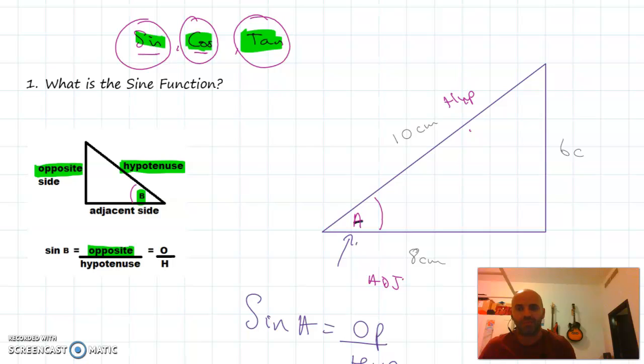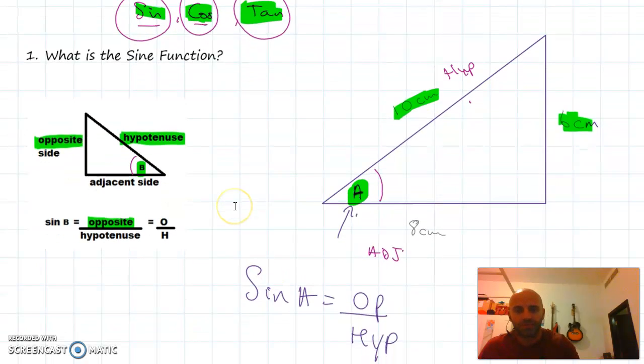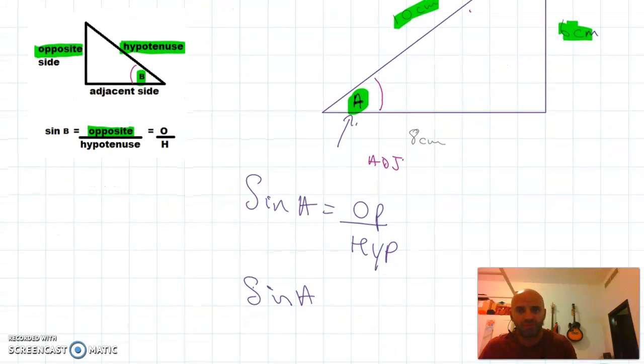So for example, if I look at this triangle that I've got here on the right hand side, the side opposite is 6 centimeters and the hypotenuse is 10 centimeters. So the sine of this angle down here, which we'll call A, would be simply enough just 6 centimeters divided by 10 centimeters.